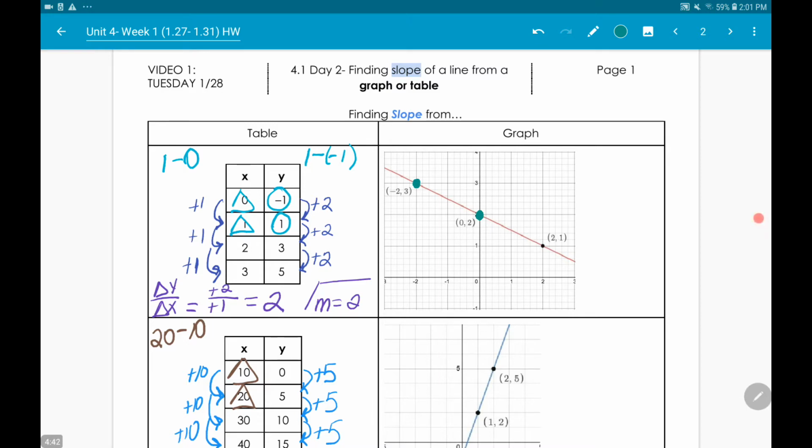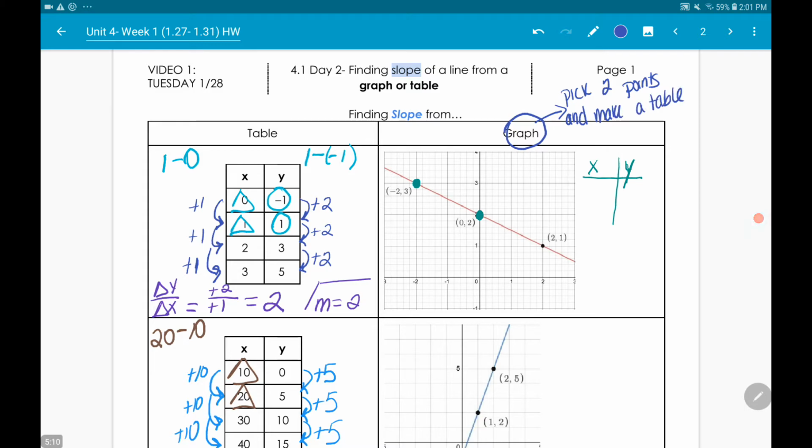And I'm going to take those 2 points and make a table. So anytime we see a graph and we need the slope, we have to make a table. So let's make that note here. If I see a graph, I know I need to pick 2 points and make a table.